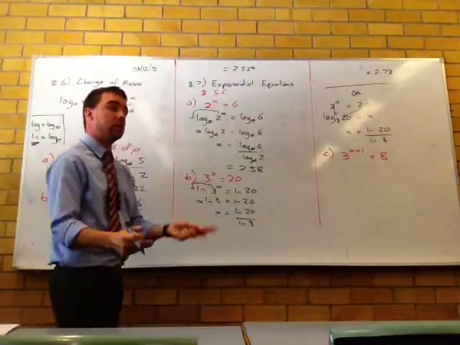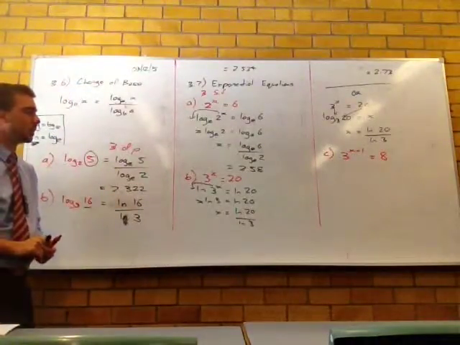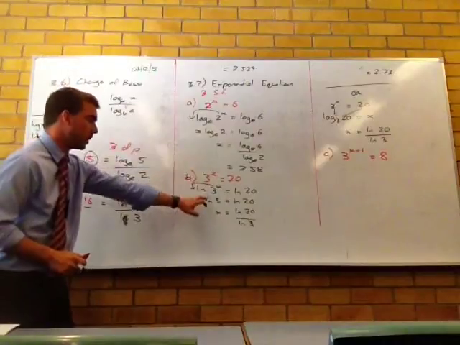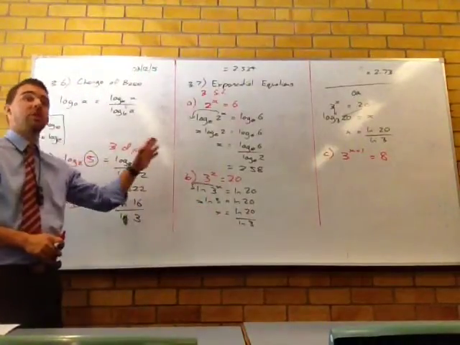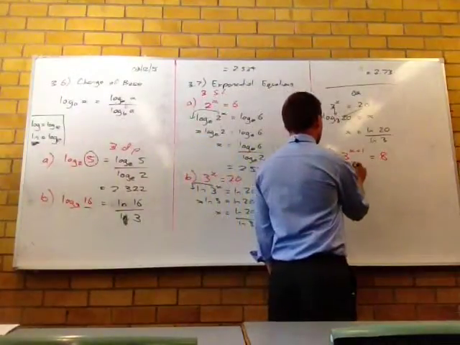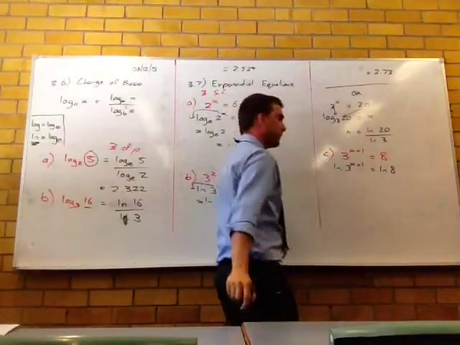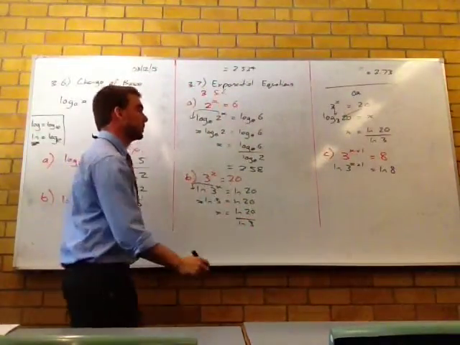Once you understand the process, you can start taking a couple of lines, reduce your working bits. You can go from here to here to here if you wish. However, you need to understand the work first. Right, so I'll keep doing it like that. The natural log of 3 power of x plus 1 is equal to the natural log of 8. You introduce the same thing to both sides.